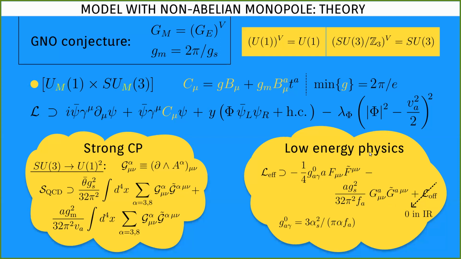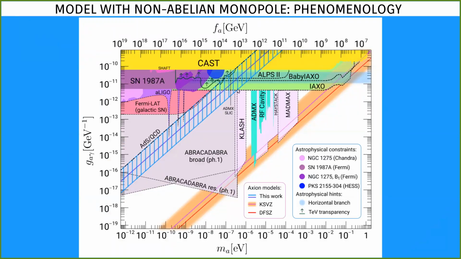Okay, now let me discuss in the end the phenomenology of this model. We get a plot similar to what we had for the abelian model, but now we have a band instead of a line. Here I still show the line for the abelian model, and for the non-abelian model we have a band, because the strong coupling in the infrared, which determines the axion-photon coupling as well, is not known exactly in QCD.